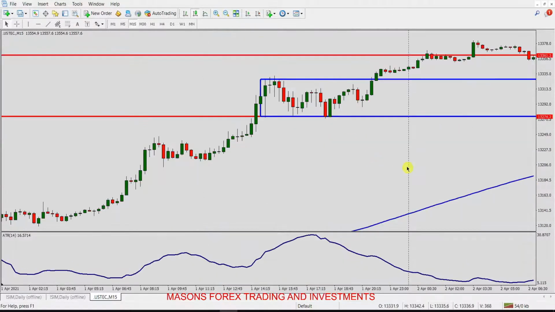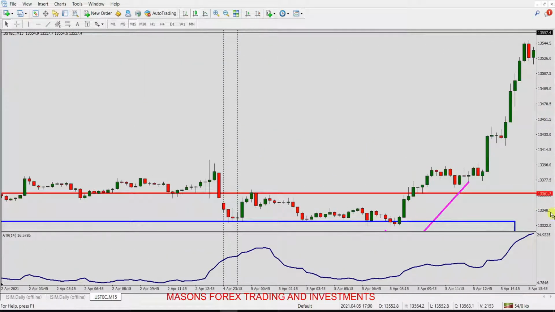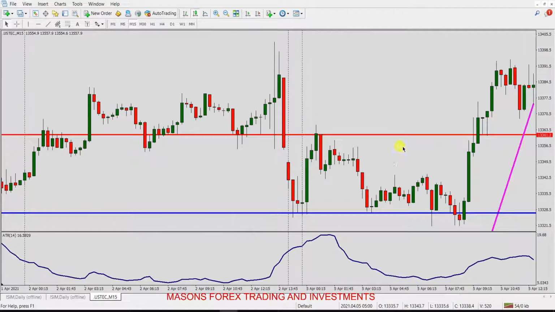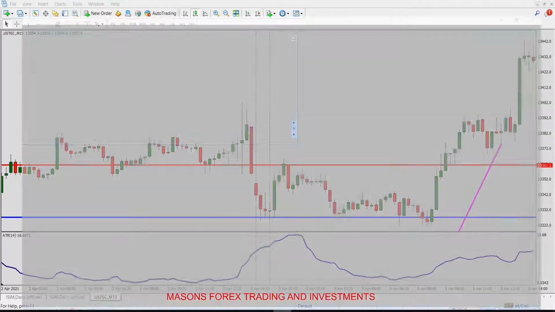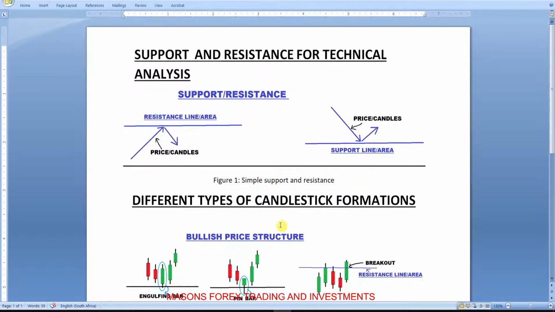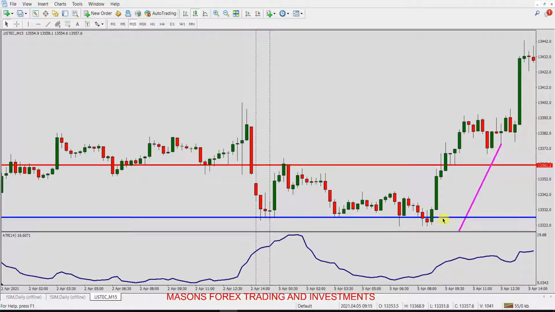So if you expand this chart, I'm not sure if you guys have profited from this example, but there definitely was an opportunity to get involved in here. And if you managed to pick it up, if you look at our notes under bullish price structure, you'll notice we have a very similar pin bar strategy, which is actually shown here.